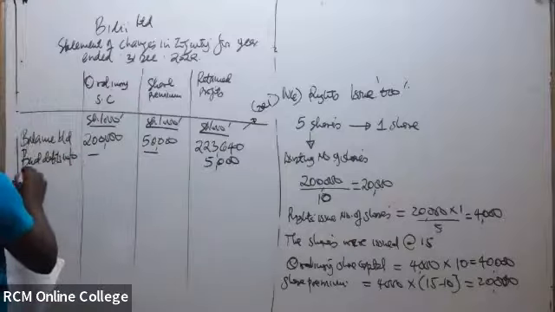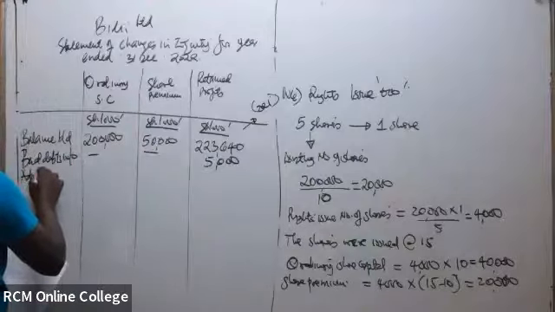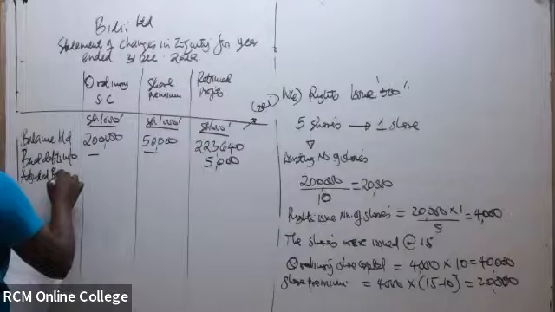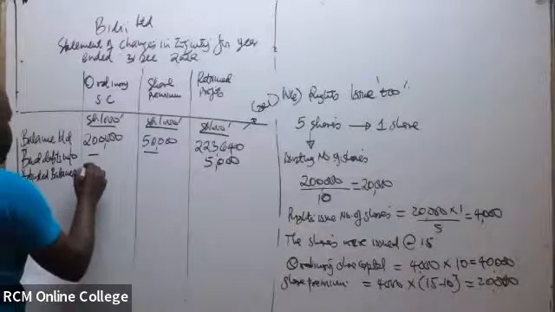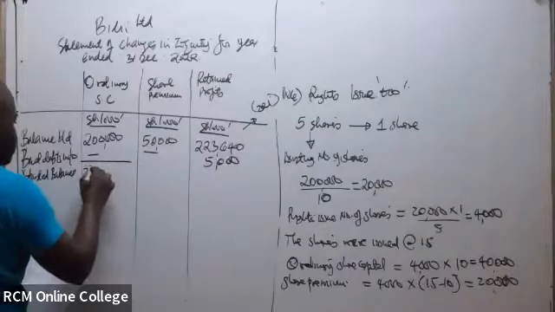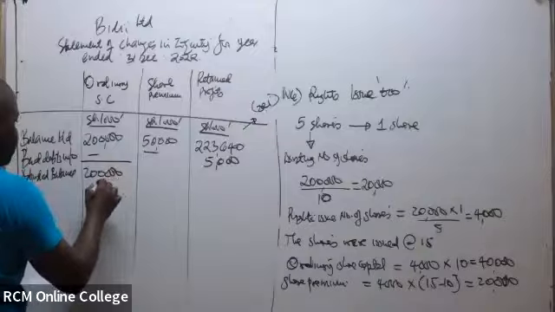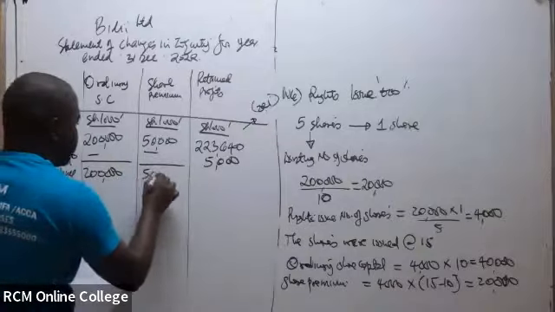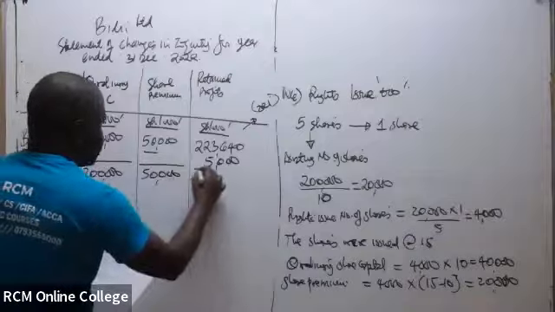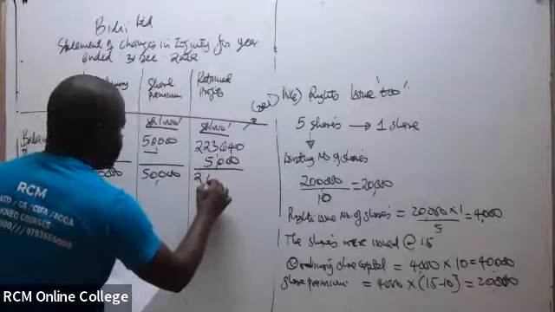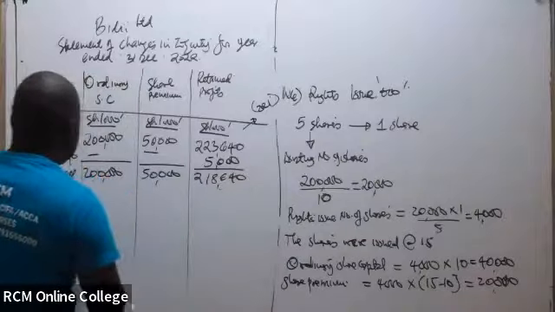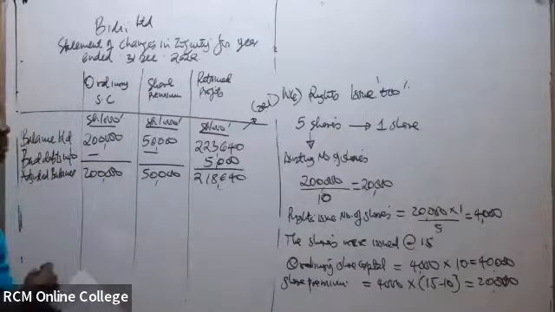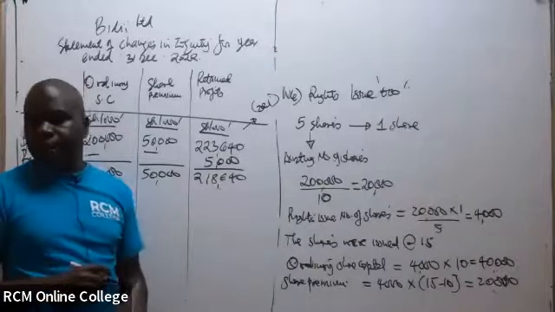So let's put the adjusted balance here. This one comes to 200 million, this one is 50 million, and this one comes to 218,640.